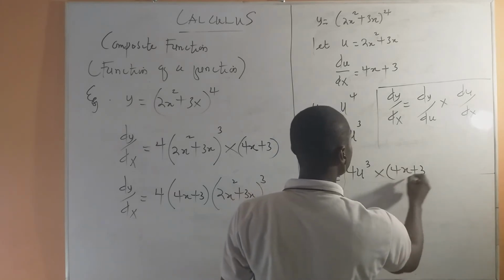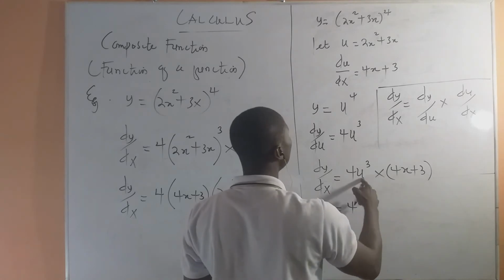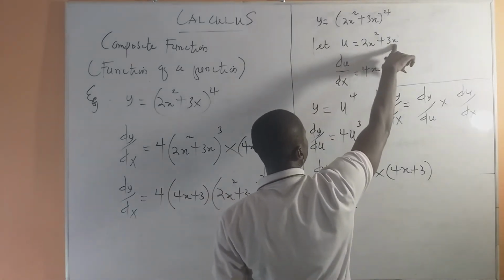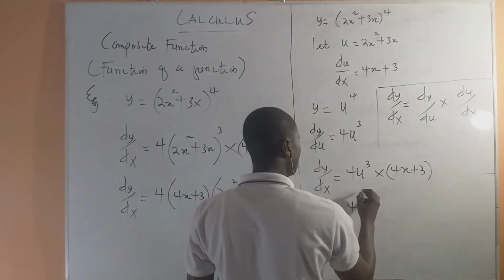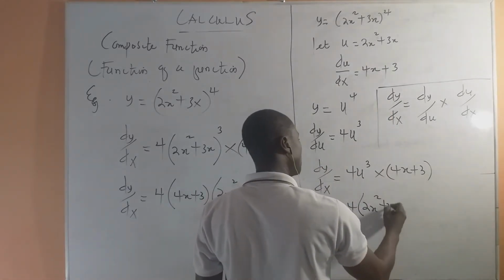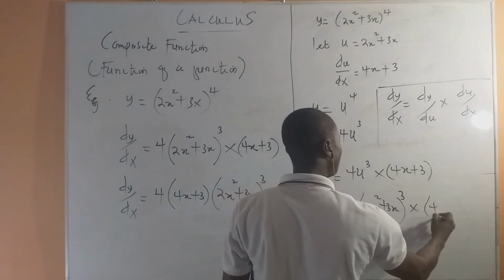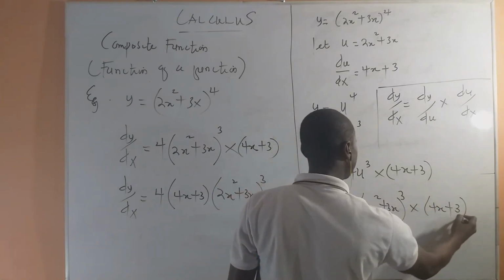That is du dx, 4x plus 3. So we have 4u exponent 3. We said that u should be equal to 2x squared plus 3x. So we do substitution. So instead of u, you now write 2x squared plus 3x. Don't forget exponent 3 times you have 4x plus 3.